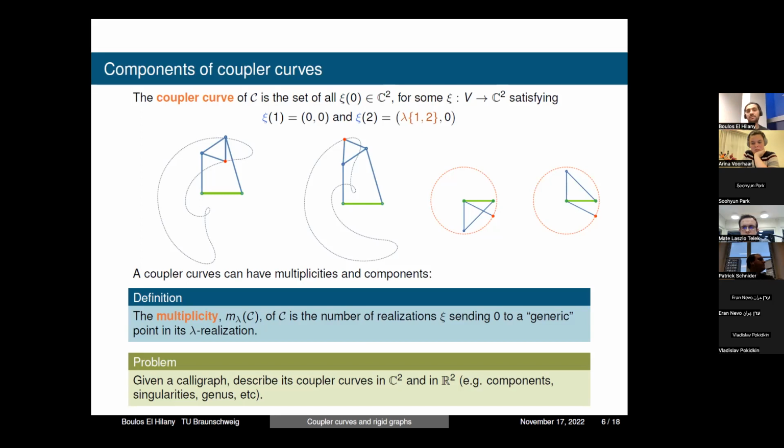Now you project by forgetting all the variables that correspond to all the other vertices, and you are left with two variables, and these are the coordinates of this red point here.